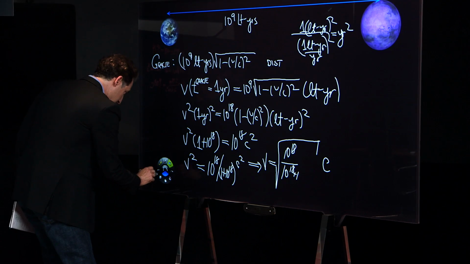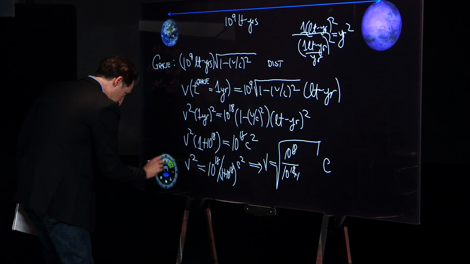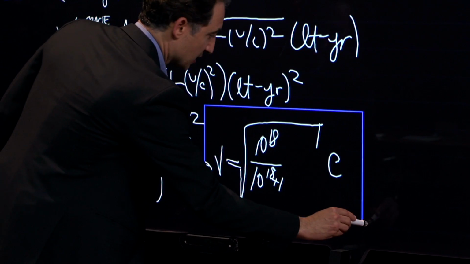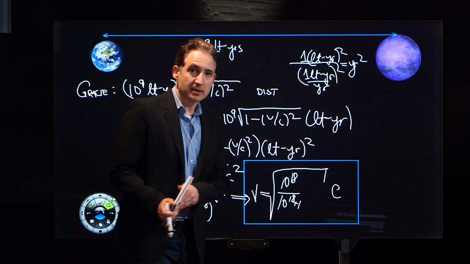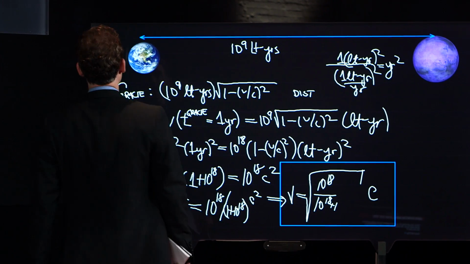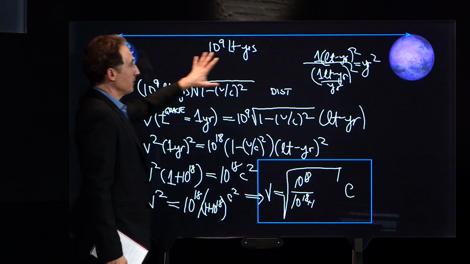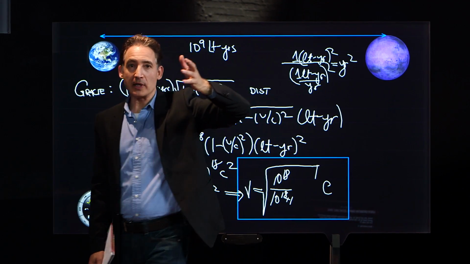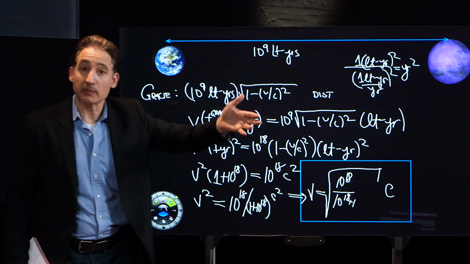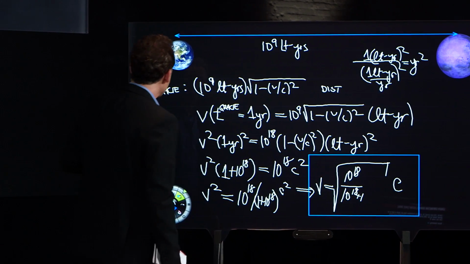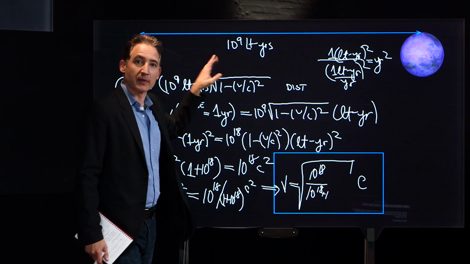So that shows us that Gracie has her work cut out for her to achieve that high speed. But because of length contraction, she can actually travel all the way from here to here and only age 1 year. One way of thinking about that is time dilation. That's another way of solving the same problem. This time I'm wanting you to think about this in terms of length contraction.